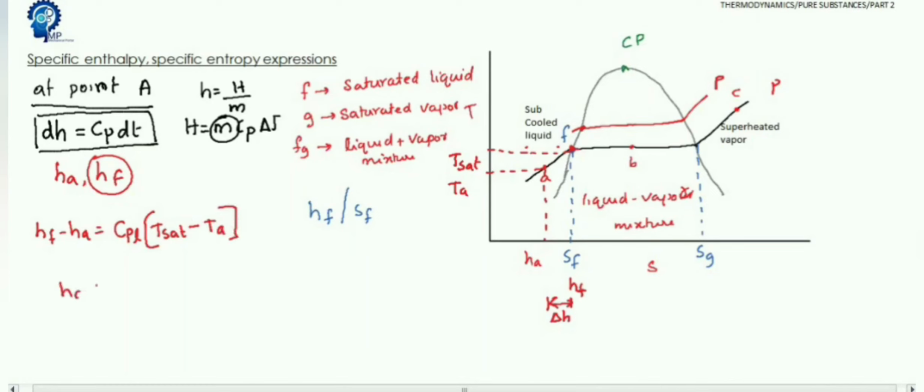Rearranging the equation, at point A the enthalpy will be HA equal to HF minus Cpl into (Tsat minus Ta).